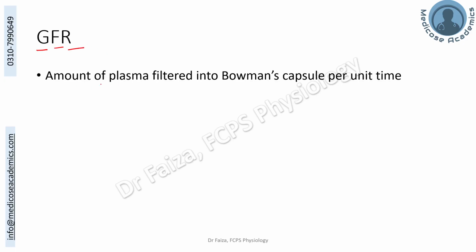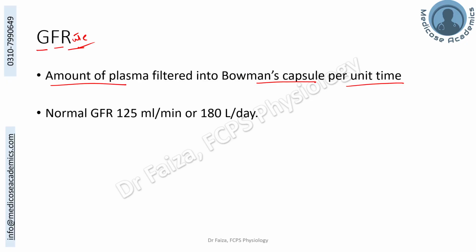So the amount of plasma filtered into the Bowman's capsule per unit time is known as the GFR, as it is a rate. So this is going to occur per unit of time, and the rest is self-explanatory. The plasma being filtered into the Bowman's capsule per unit time is called GFR. Normal value is 125 milliliters per minute or 180 liters per day.